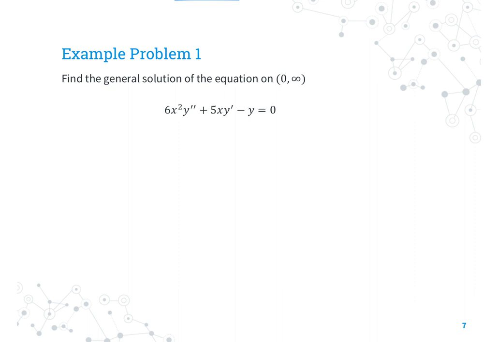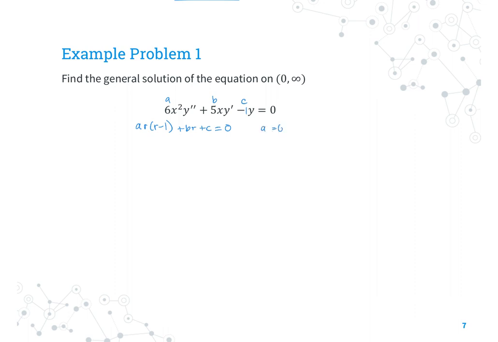We have 6x squared y double prime plus 5x y prime minus y equals 0. And remember, our indicial equation is ar times the quantity r minus 1 plus br plus c equals 0. And in this case, a is 6, b is 5, and c is negative 1.